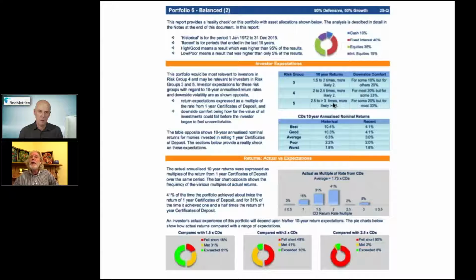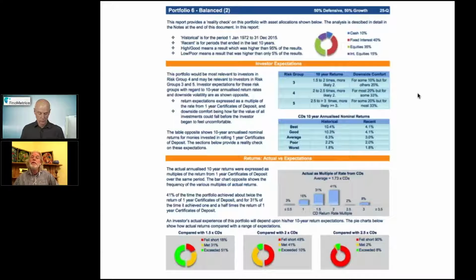Well, I think what we found is when we did our original research, nobody actually understood performance. So we locked things into bank deposit rates. And we found an asymmetrical relationship. The more risk-tolerant people are, the more they're optimistic about performance, that they expect they're going to get 2 or 3 times the BD rate, or the CD rate, I believe it is in the US, when in fact that doesn't happen.